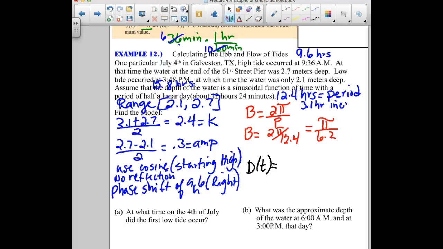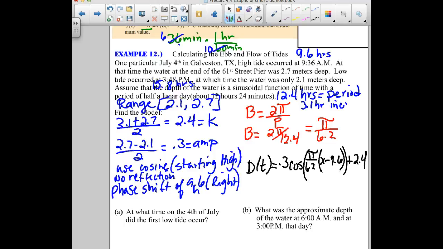my a value was 0.3. We said we are going to use a cosine graph. My b value was pi over 6.2. I have a phase shift, so in parentheses, what am I going to write? Great, x minus 9.6. We went right 9.6. And then we had to do a vertical shift up 2.4.